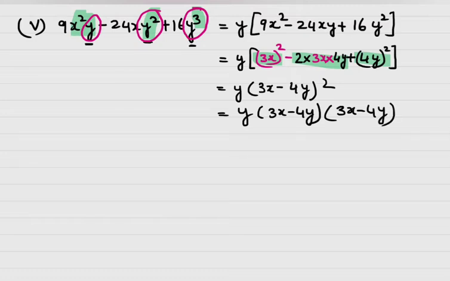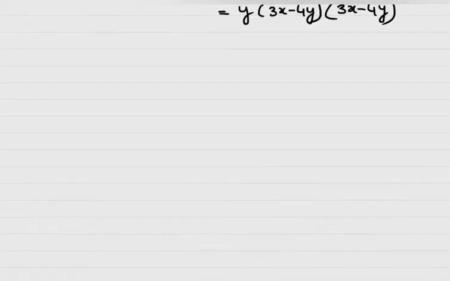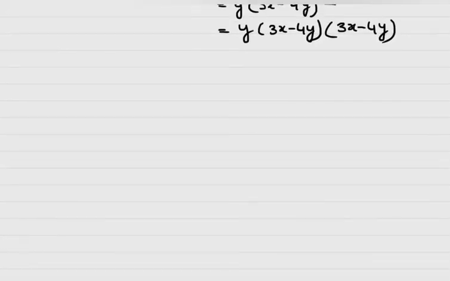Now let's see question number 6. What is question number 6? 2a cube plus 4a square b plus 2ab square. Now children, here you have to read the question twice, thrice to understand what is given.